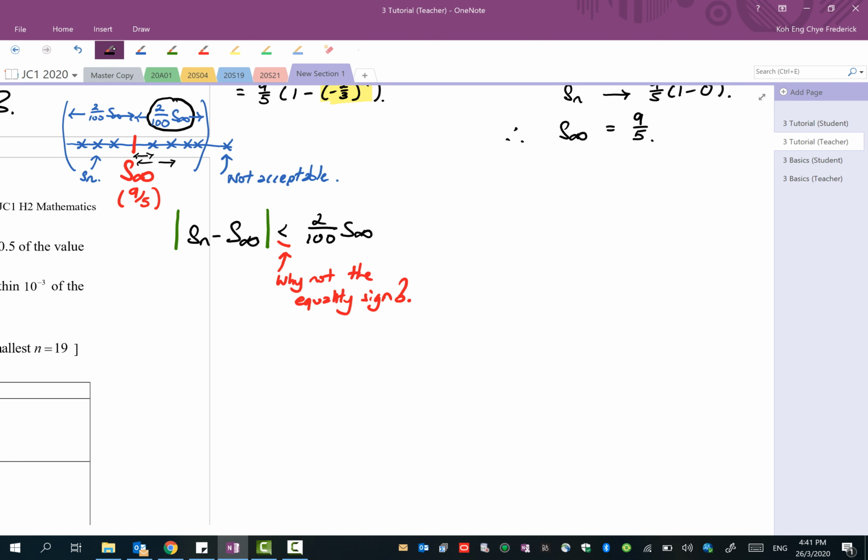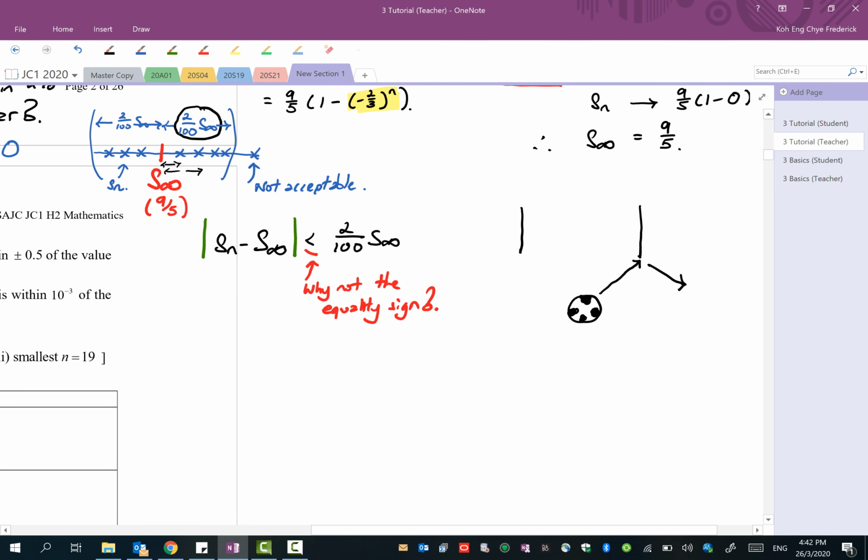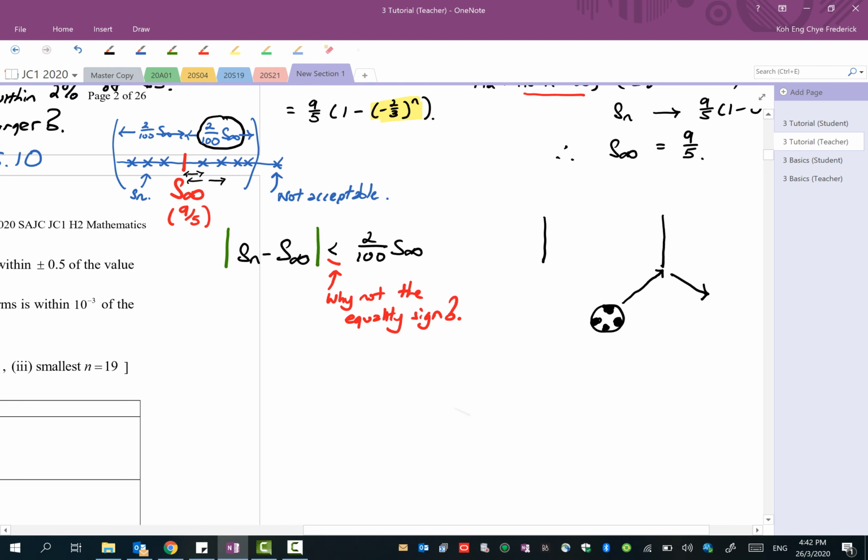In football, to score a goal, you must score within the goalpost. So if I got a football, and I kick the ball, it hits this pole and it comes out, it's not a goal, right? So that's why we do not include the equality sign. That's the idea of within.